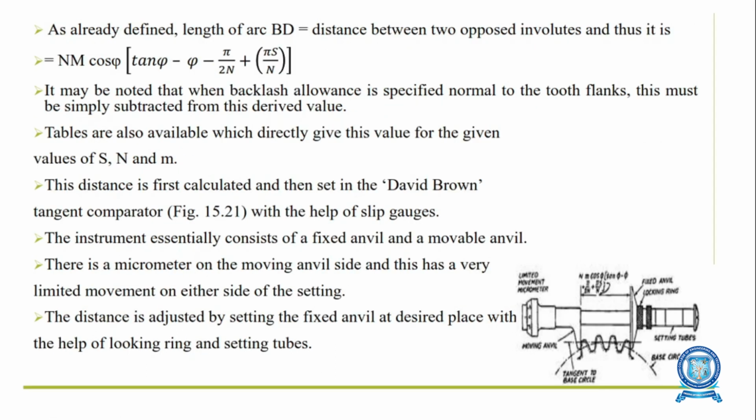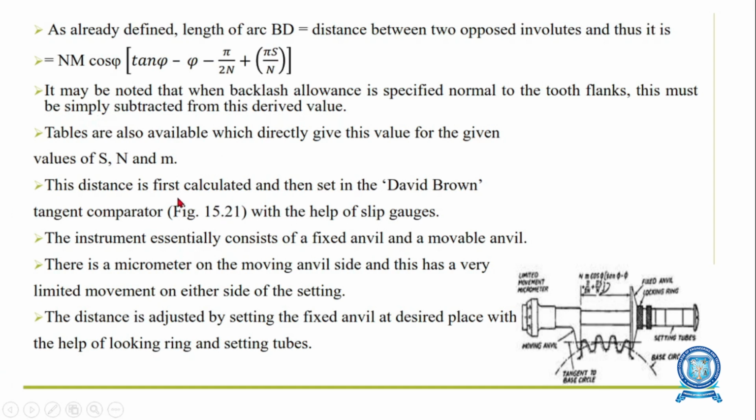So we already defined the length of arc BD is equal to the distance between two opposed involutes. So this is equal to nm into cos phi into [tan phi minus pi by 2n plus pi S divided by n]. Here the backlash allowance is specified normal to the tooth flanks. This must be simply subtracted from this derived value.